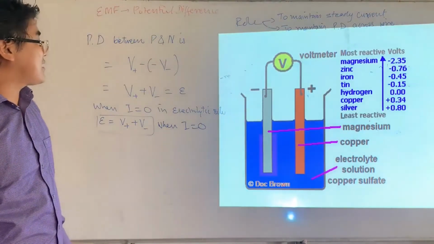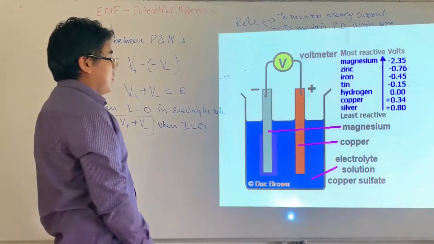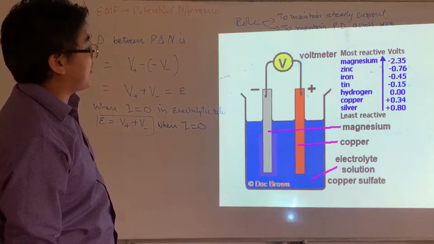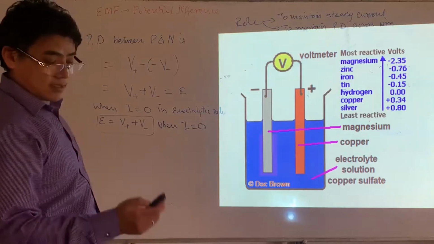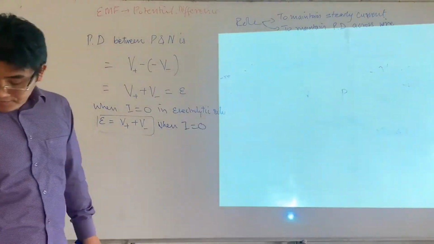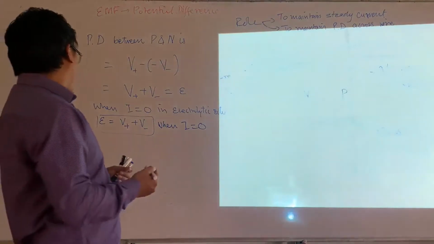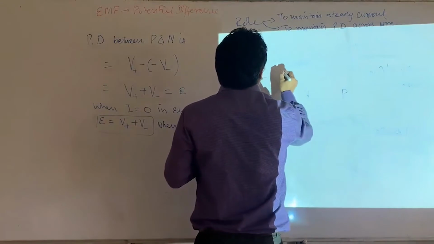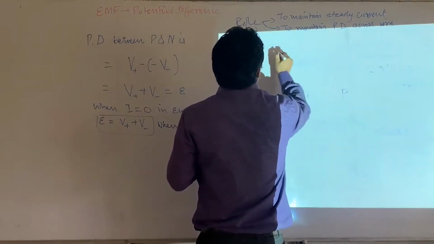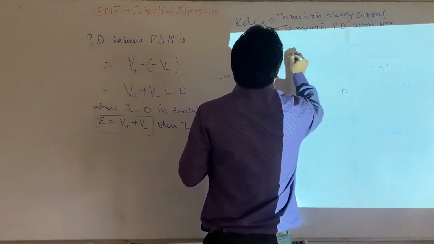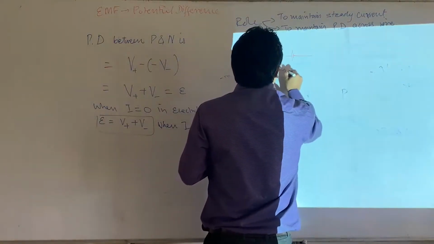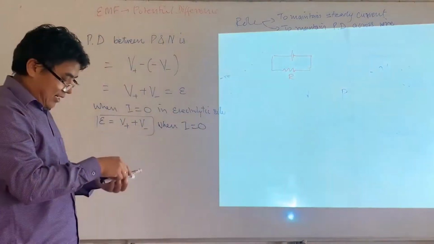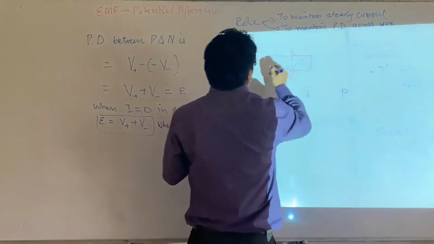Again, this is another diagram: copper electrode, magnesium electrode. This is just a simple diagram of a cell. Now let's say this is a cell with EMF E, connected to some resistor R, and then there will be a current.